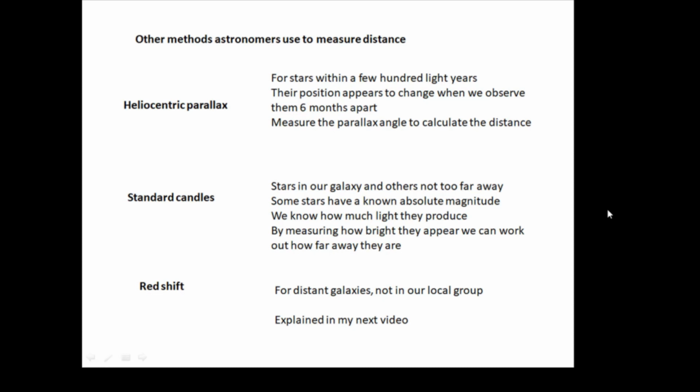And if we measure their brightness, we can work out how far away they are. And these types of stars, there's various ones. There's things called Cepheid variables and blue supergiants and type 1a supernovas. They're called standard candles. And then for distant galaxies, for the ones which aren't close to us, in my next video, I'm going to talk about redshift.